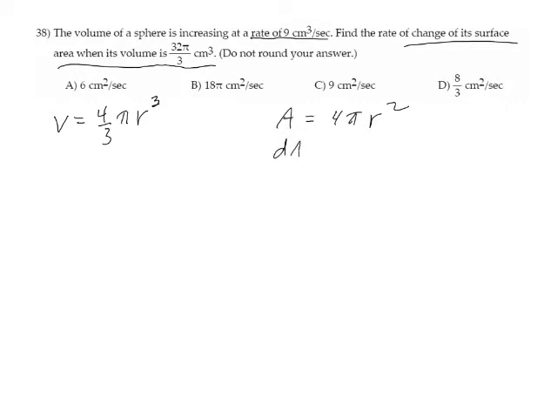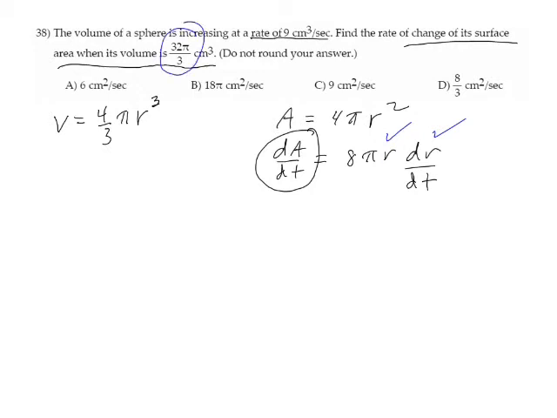So dA/dt is equal to 8 pi r dr/dt. Well, dA/dt is what we want. We need to know what dr/dt is and what r is when its volume is 32 pi over 3.